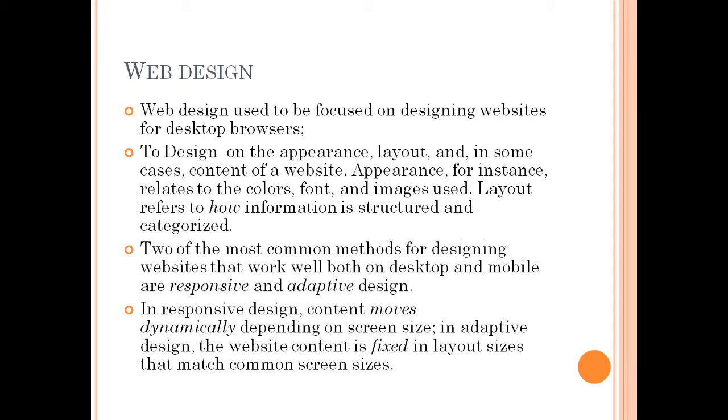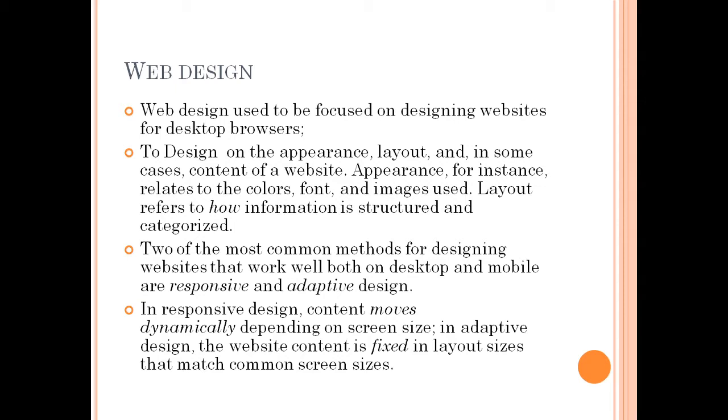Now, there are two most common methods when you are planning to design a website. Now the website has to work well on your desktop as well as your mobile. Now if you see some websites, the layout or the size of both the devices or maybe an iPad or a tab differ. So you have to design the websites which will work and which will be seen good on all these platforms.